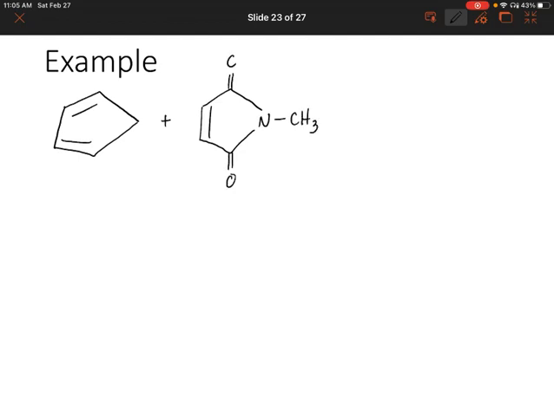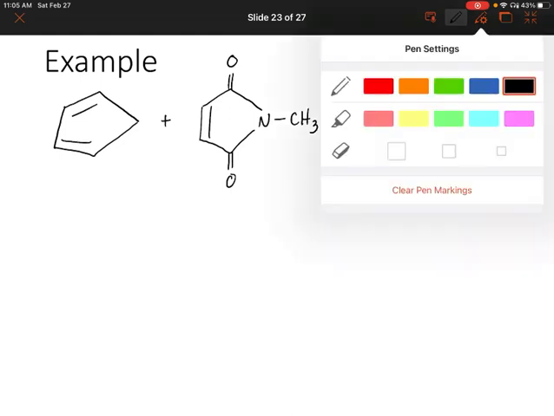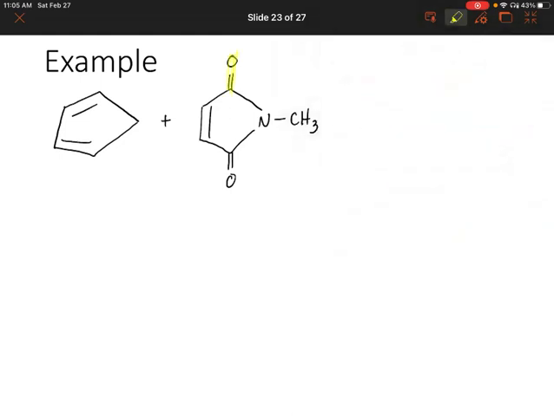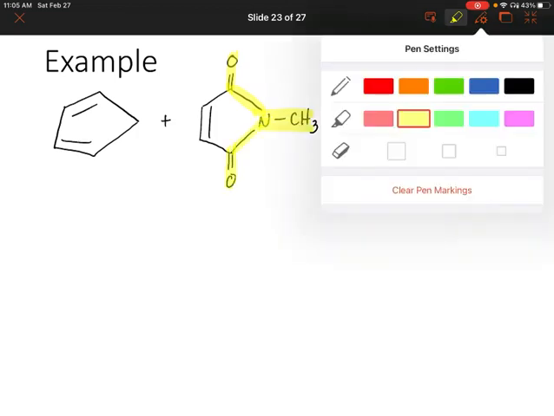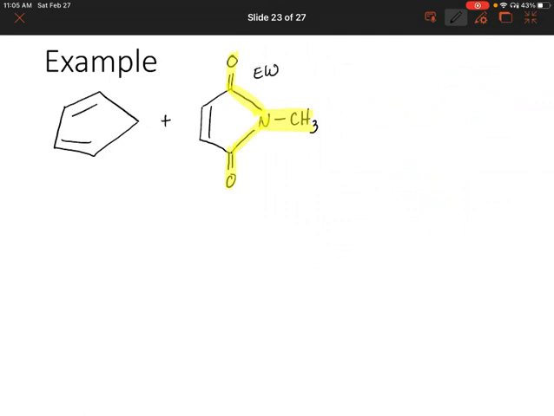In fact, this is the one that we used in our Diels Alder reaction in lab. Okay, so this entire part of the dienophile is our electron withdrawing group, which is kind of cool. So we don't have two separate electron withdrawing groups, we just have one, and it's all connected.